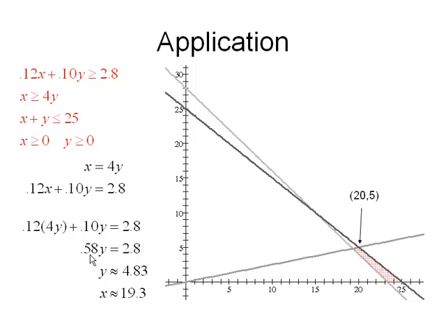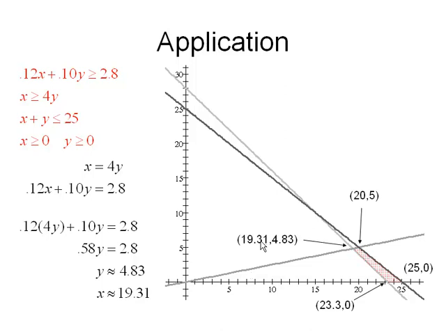Since I have 0.58y equals 2.8, I'll divide both sides by 0.58 and I get that y is approximately 4.83. If I put that back into the first equation, 4 times that y means x is approximately 19.3. I've kept a few more decimal places here, and so this other corner point is 19.31, 4.83.